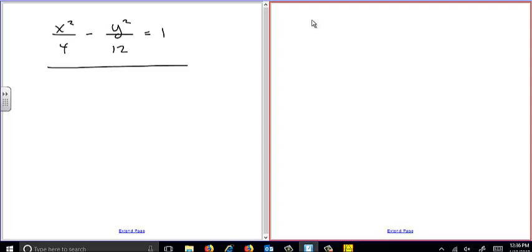Let's do another one. So we got the foci are 0 plus or minus 8. I think all these first set are the ones that are centered around the origin.